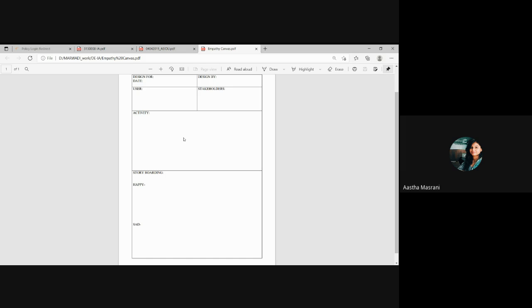Students, pay attention over here, the online students. In the empathy canvas and in the AEIOU sheet, keep the date of today. Whenever you make it is fine, but keep the date of today. Next, in the domain title, you need to write down your project name.